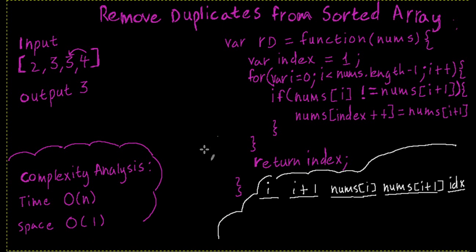So let's walk through the example so that we can visualize how the duplicates are being removed. So starting out, i equals 0, and i plus 1 would be 1, because 0 plus 1 is 1. So at nums[0], we find the element 2, and at nums[1], we find the element 3.